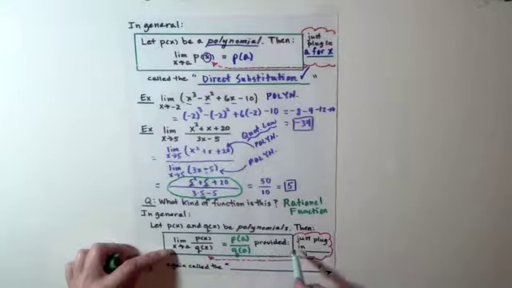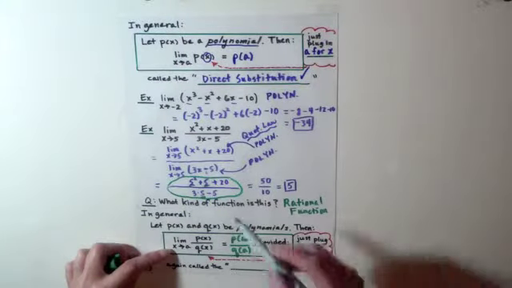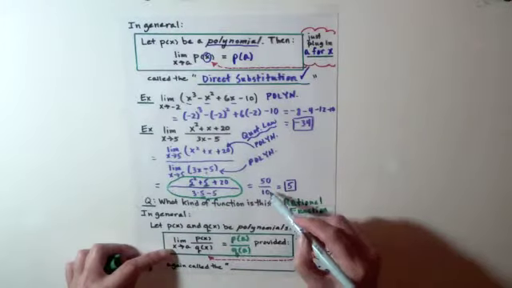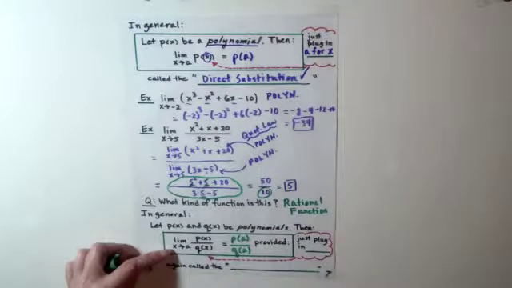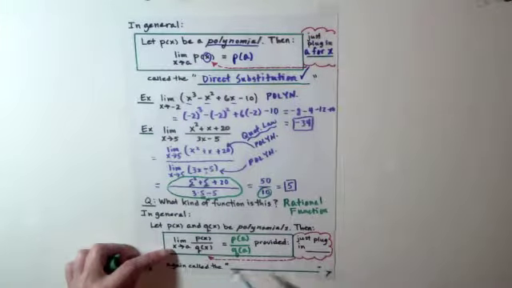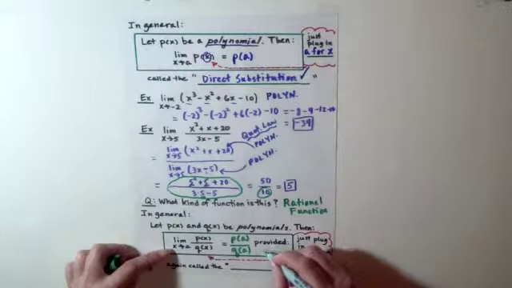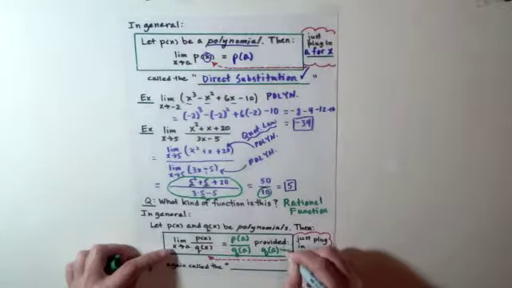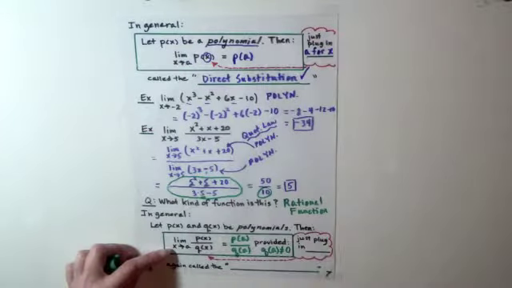Now there is a little proviso here when we're talking about a rational function. Remember that the limit that's in the bottom here has to be something that is not 0. So I'm going to put down here, provided that q of a, that's the limiting number in the bottom, is not equal to 0. So provided q of a is not equal to 0.